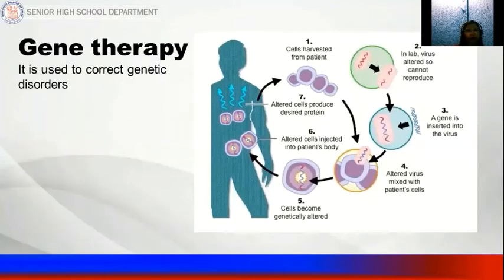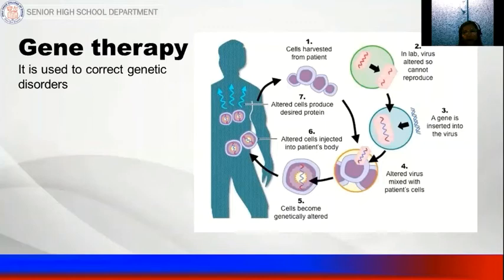Okay, we also have gene therapy. It is used to correct genetic disorders. So for that, the DNA or the gene is being healed. If you can see, nowadays the forms of technology are better, unlike before.